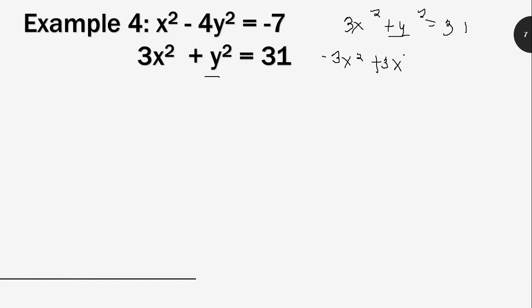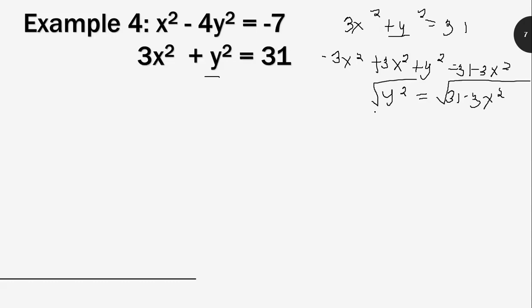Addition property, plus y squared is equal to 31 minus 3x squared. Then y squared is equal to 31 minus 3x squared. Square root po. So y is equal to the square root of 31 minus 3x squared.